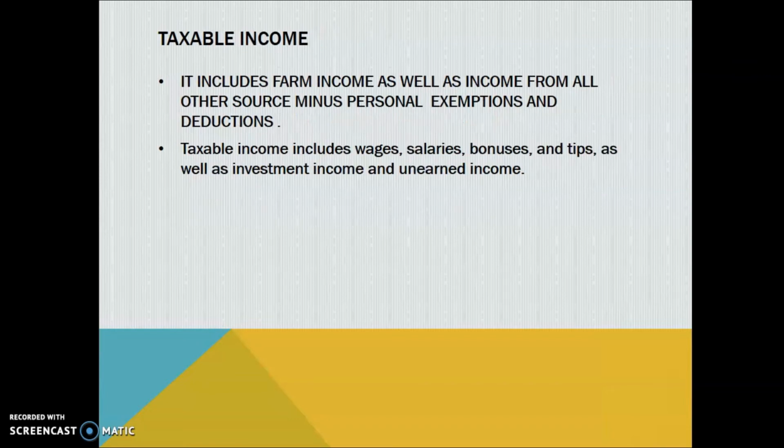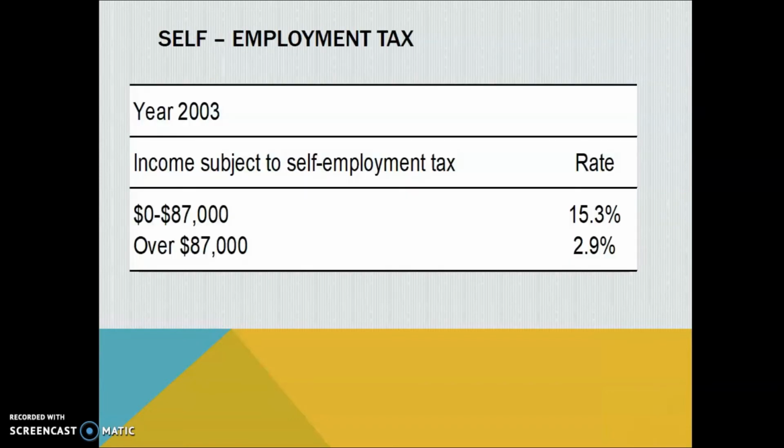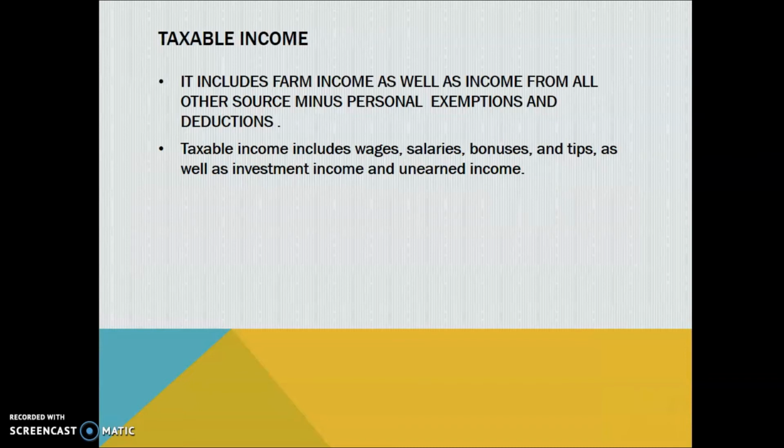Next, we go to taxable income. Taxable income includes income from all sources minus personal exemptions and deductions. It includes wages, salaries, bonuses, and tips, as well as investment income and unearned income.